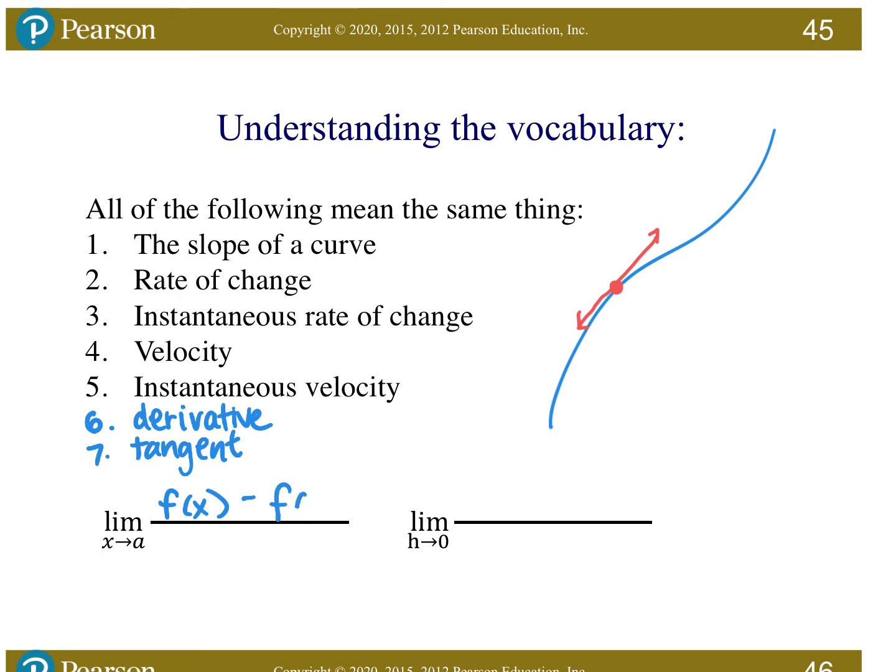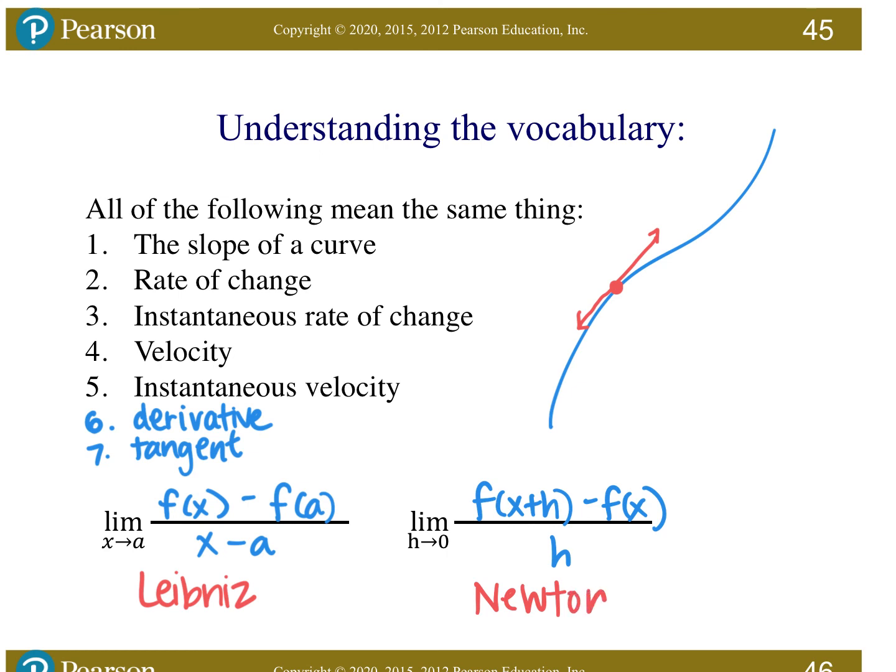The limit of f of x minus f of a over x minus a, and you will need to know that that is Leibniz's. The other one is f of x plus h minus f of x over h, and you need to know that that is Newton. So you have 7 ways you can be asked the question and 2 ways that you can use to answer it.